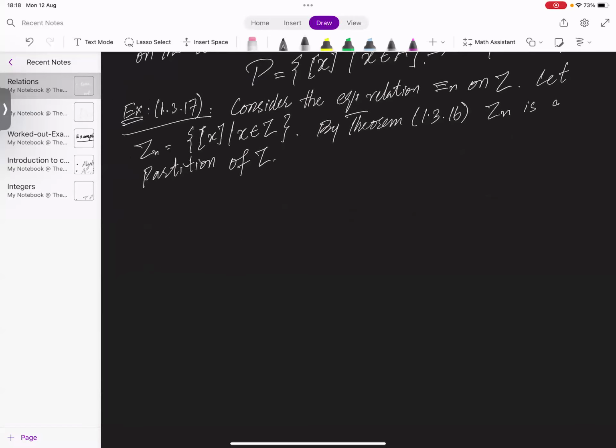Now, let's say we have n equal to 6. Then we claim that Z6 has these elements.